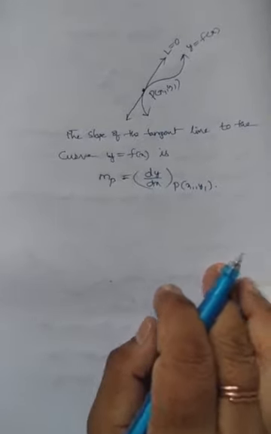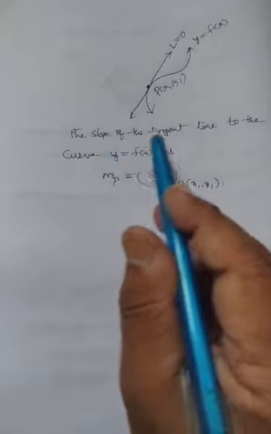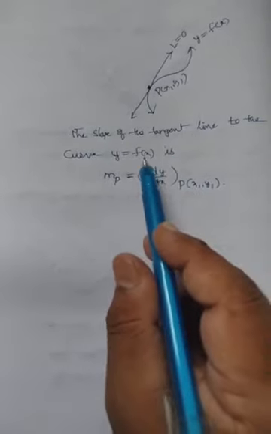So to find the slope of the tangent line, we have to differentiate the given function.